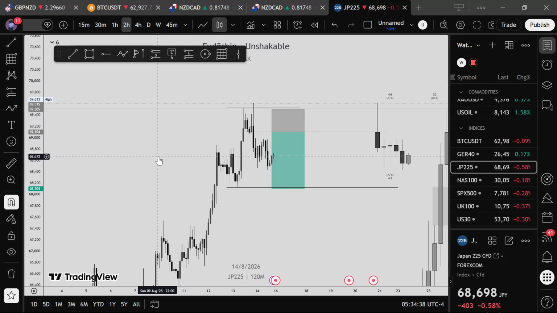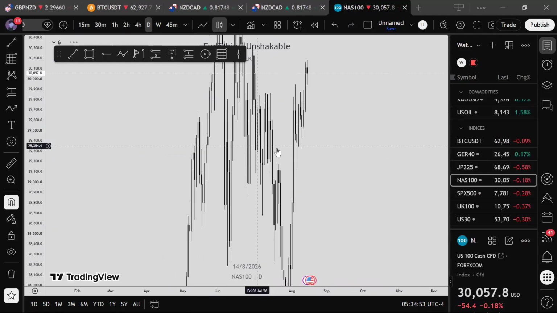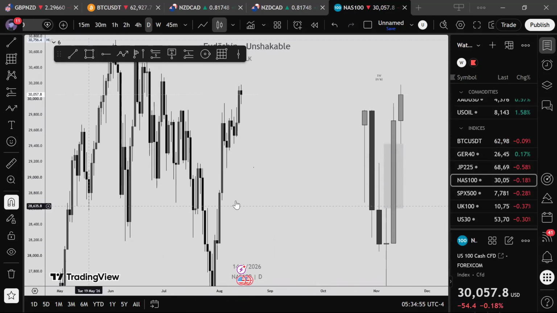Do the principles of basic market structure, following the market structure, apply to how you use your key level? For instance, let's say in NAS 100 now, price has been bullish, giving higher highs, higher lows.